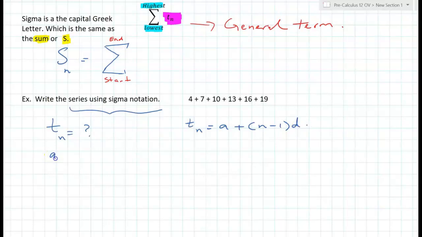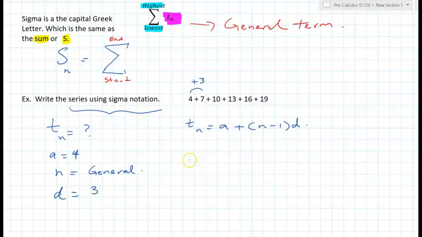So a is 4, and for n we're going to leave it as a general term. We're not going to say what that is, even though you can see 1, 2, 3, 4, 5, 6, but we don't want that. We just want a formula for t sub n. So we're going to leave n alone, but d we do know. What is d? d is positive 3.